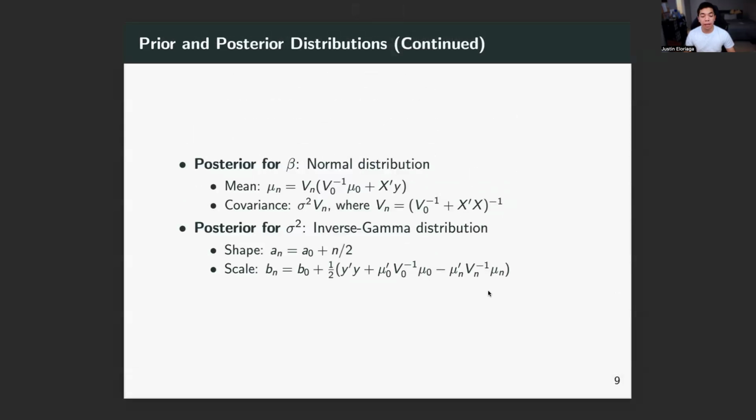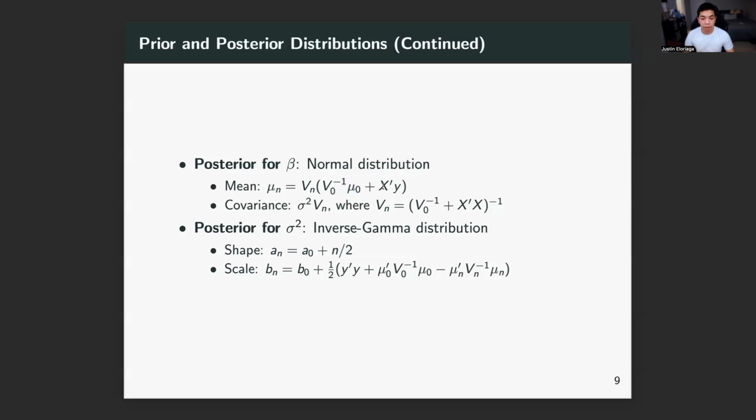To derive those parameters from the posterior, we can get moments from the posterior, and that allows us to derive the mean of the posterior for beta, which is equal to this term, which again is a function of a prior mean and the new data coming in.